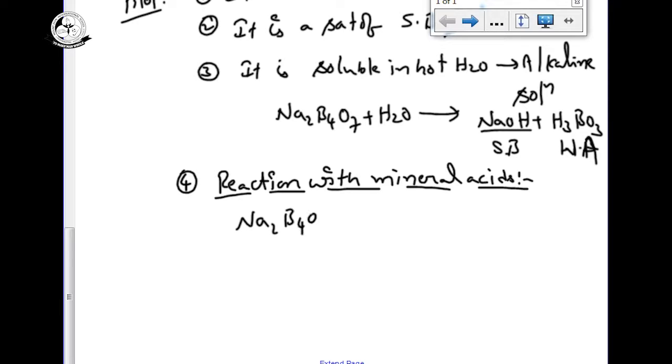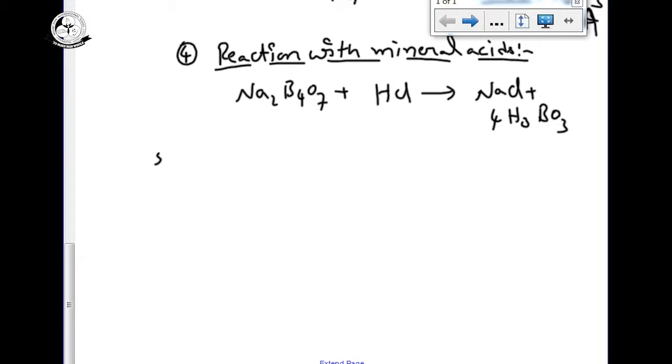Borax on reaction with mineral acids like HCl gives the salt NaCl plus H3BO3, orthoboric acid.